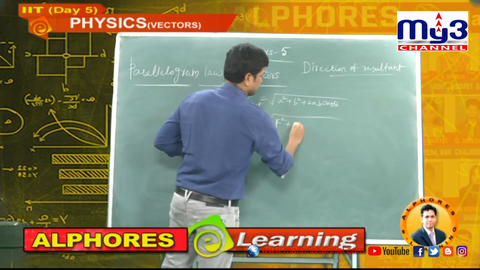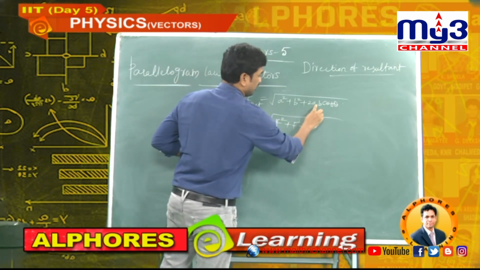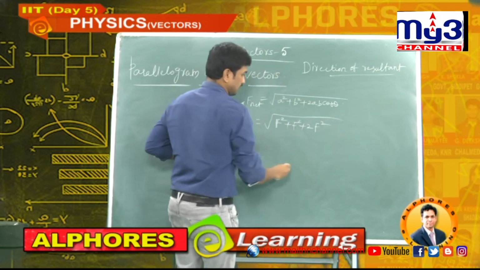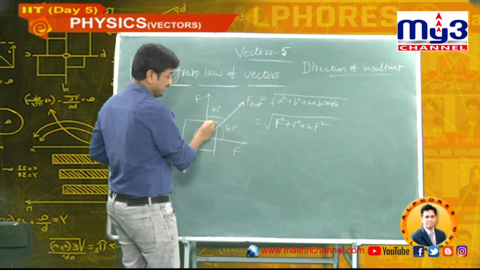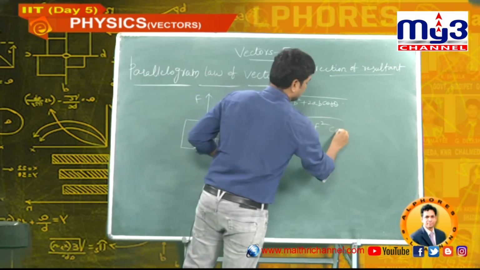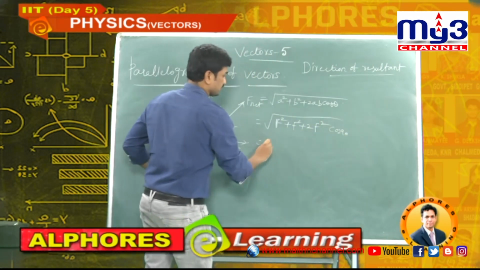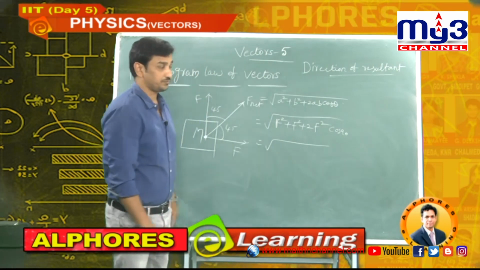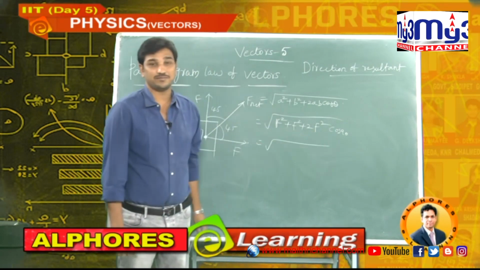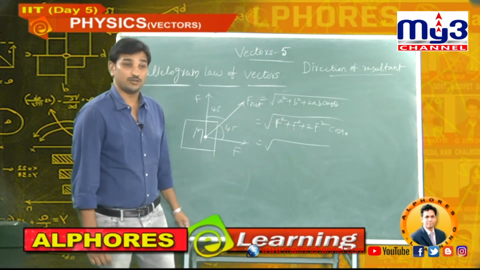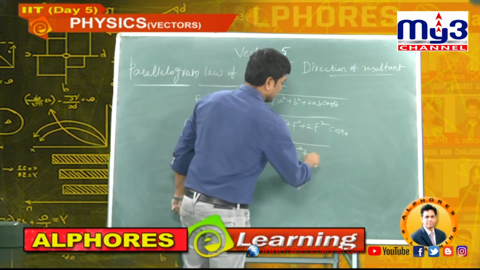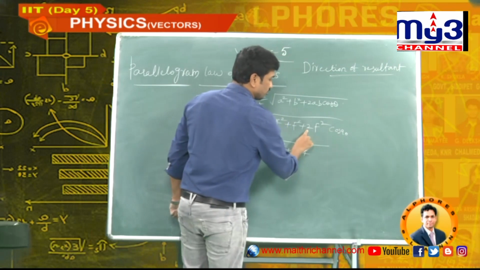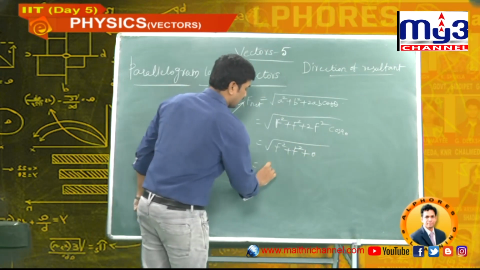F. So F square plus F square plus 2 F into F cos theta. The angle between the two vectors is 90, theta is 90, cos 90. What is the value of cos 90? Cos 90 value is 0.